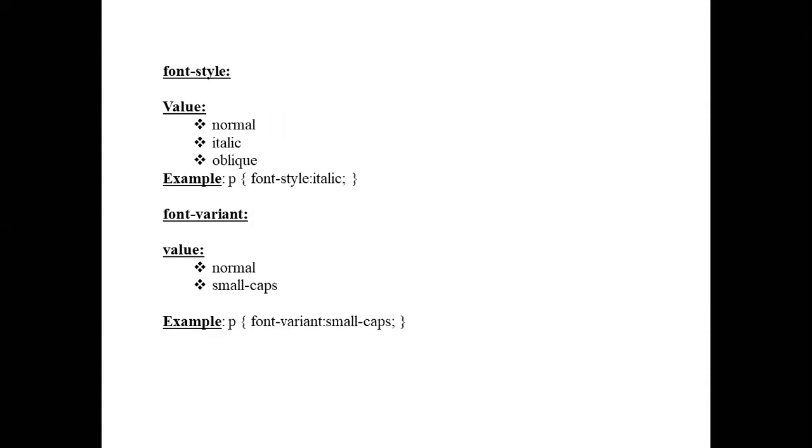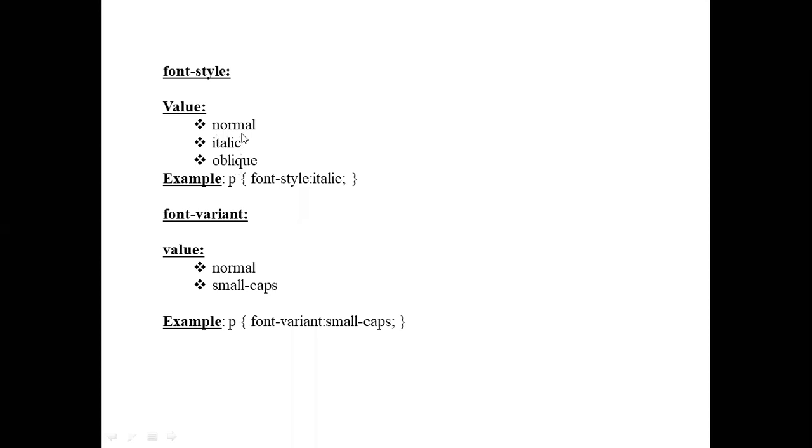Next font property is font style. The font style property is used to specify whether the letter shapes are vertical or slanted. There are different values for this property: normal, italic, oblique.